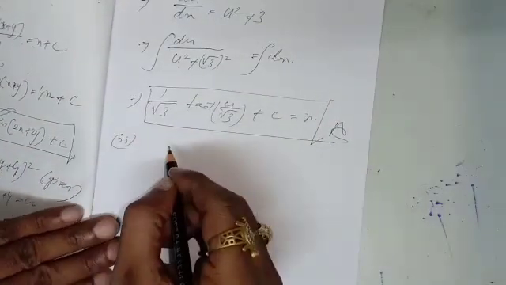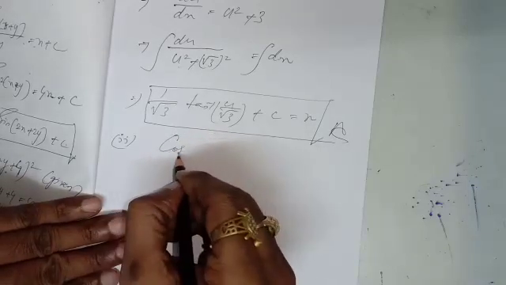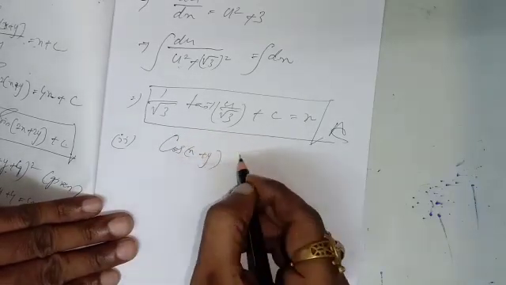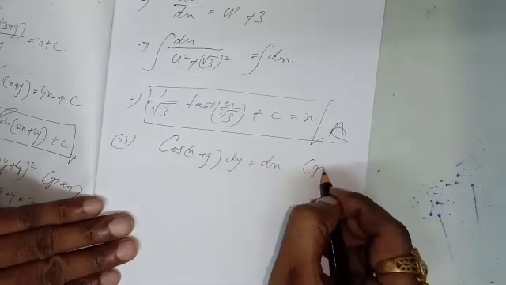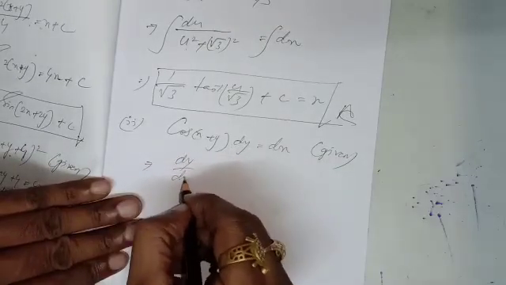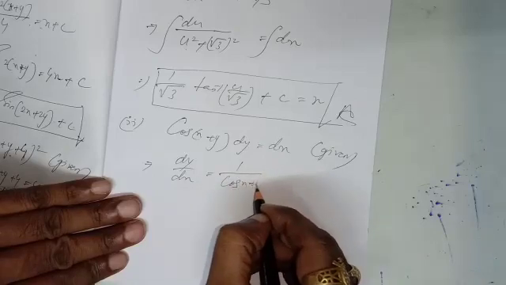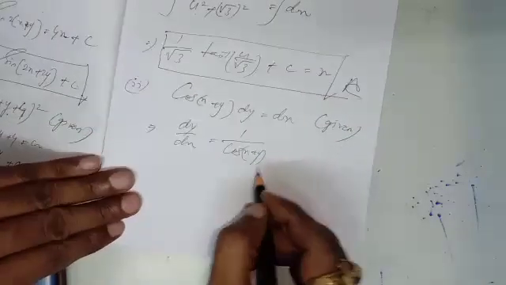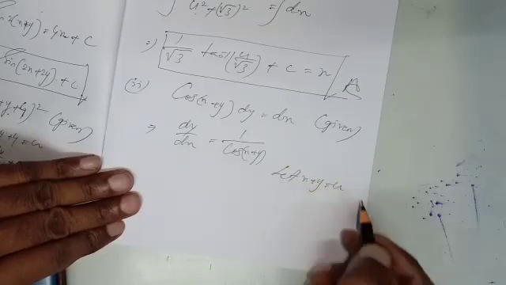The number 3 second part question is given like this: cos (x plus y) dy is equal to dx. Next you write dy by dx is equal to 1 by cos (x plus y). Let x plus y is equal to u.